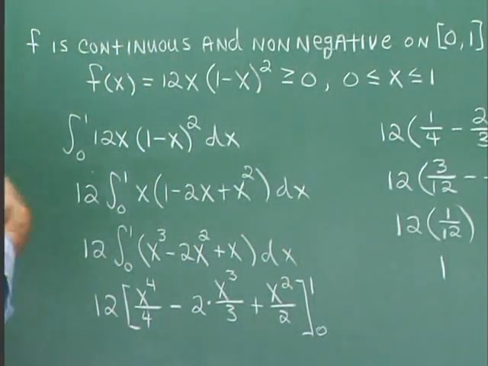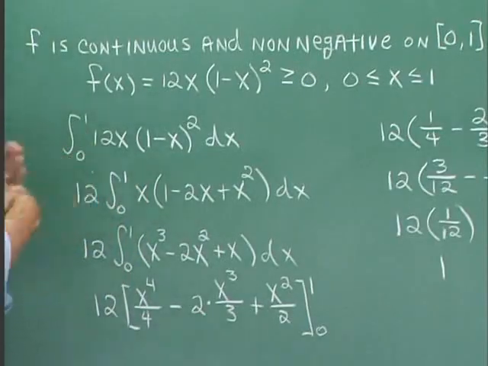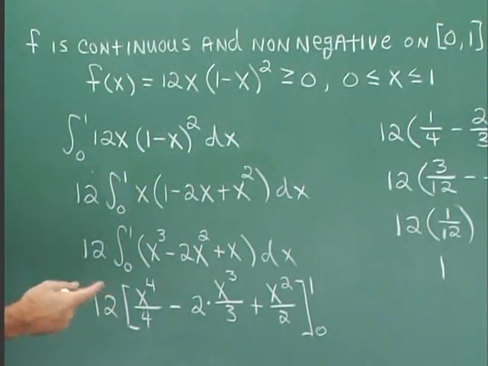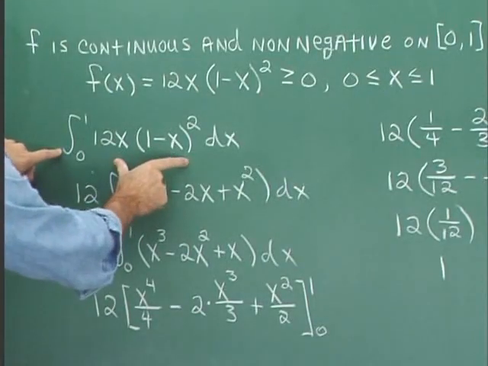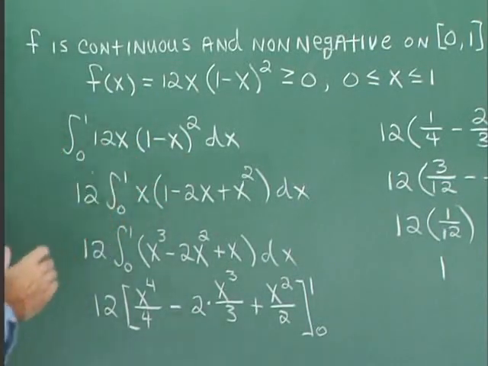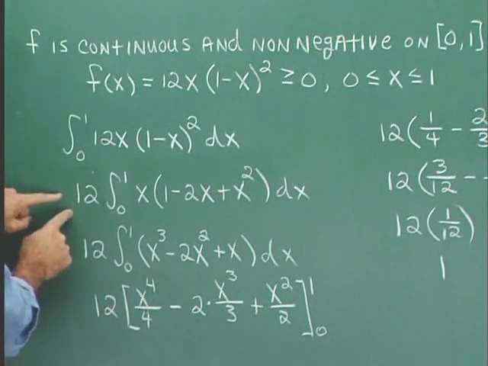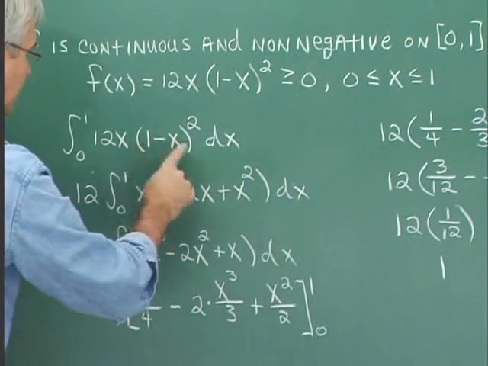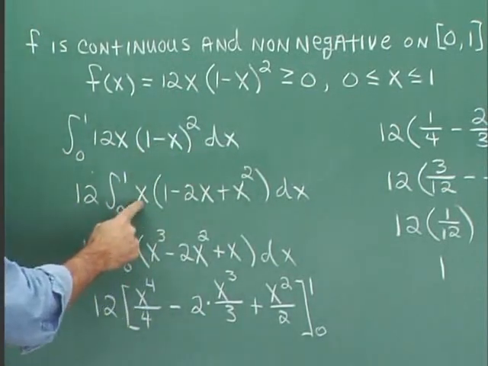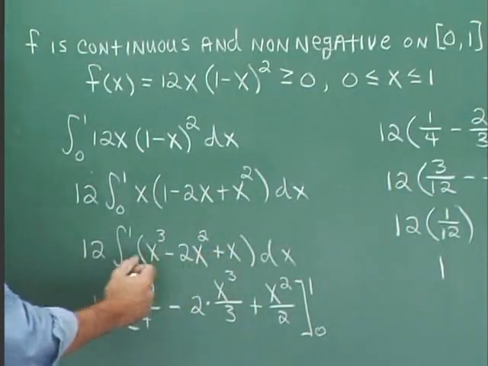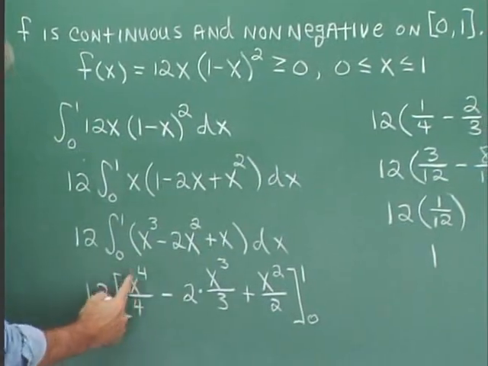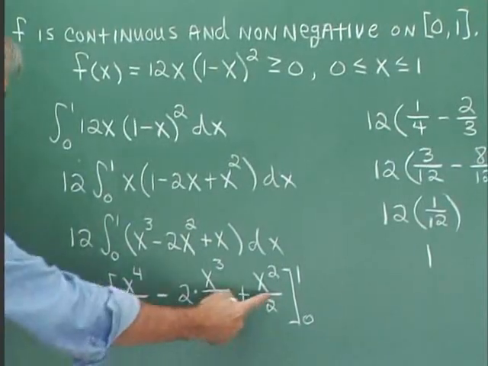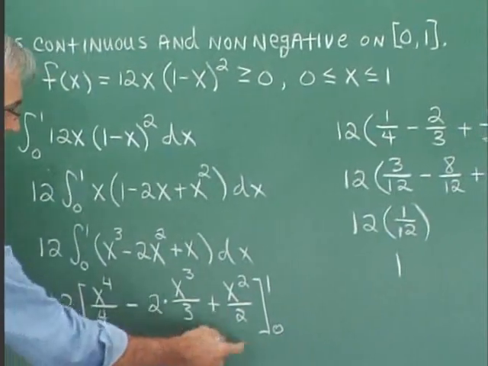Okay, now we want to show that the area under the curve is equal to 1, and that's done by finding the integral. So the integral from 0 to 1 of our function is what we're evaluating. Now I'll kick the 12 out here, and I'll expand, squaring the binomial, and x is multiplied through here, and then I find the integral. The integral function is this, x to the 4th over 4, and so on. Now I'm evaluating from 0 to 1.